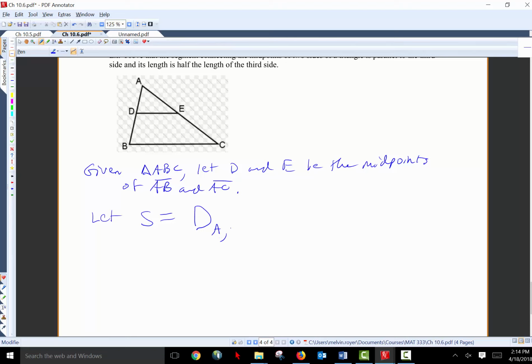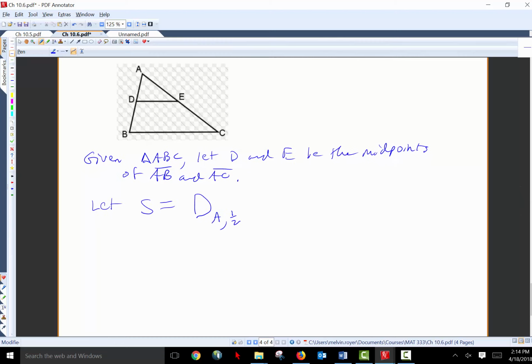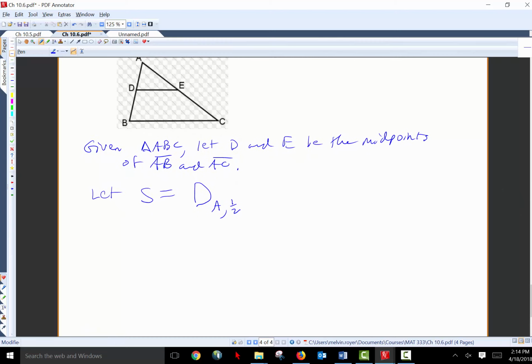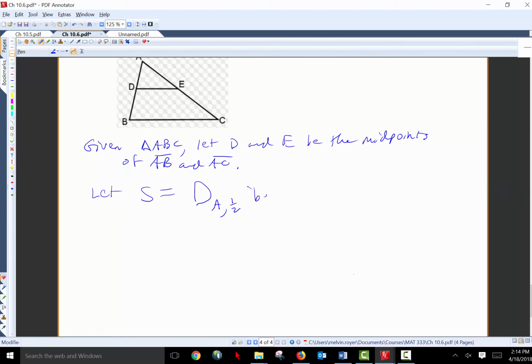So let's dilate by a factor of 2, or I think to make the proof work out, I'm going to go the other direction and make it a factor of 1/2. So this will be a similarity transformation. We know that dilations are similarity transforms.